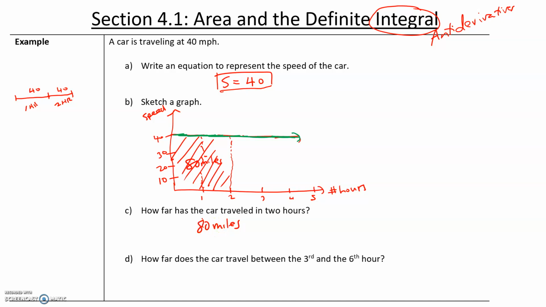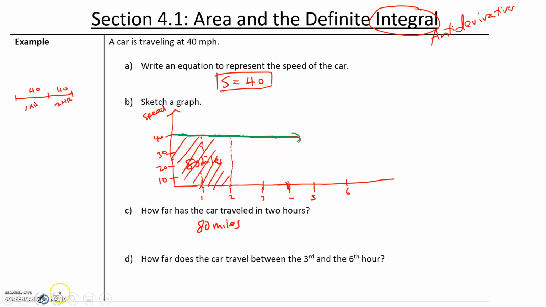How far does a car travel between the 3rd and 6th hour? So I have to actually make my graph a little bit longer. So let me adjust this a little bit. Okay, now we want to know how far the car has traveled between the 3rd and the 6th hour.